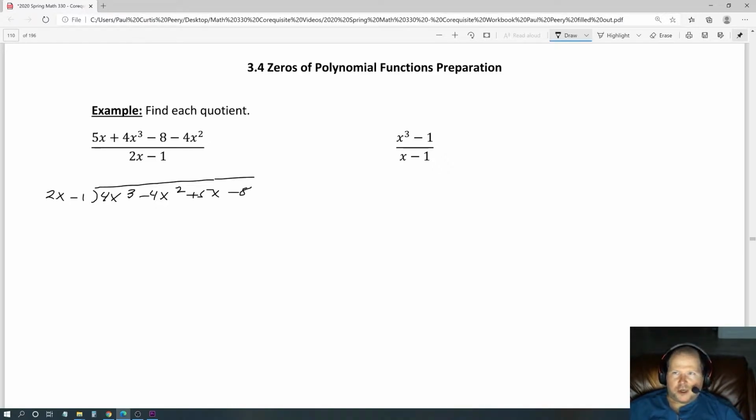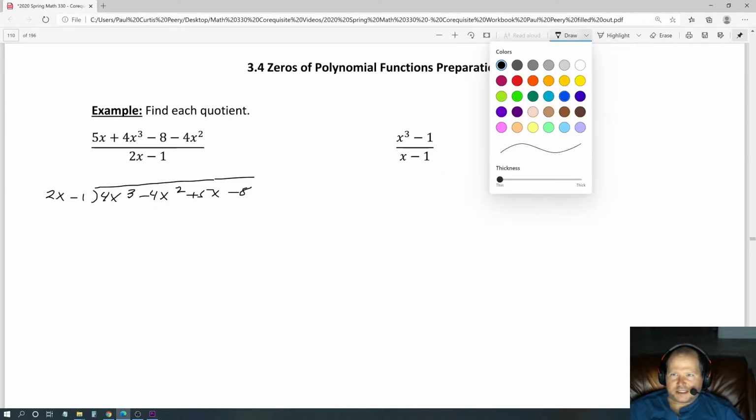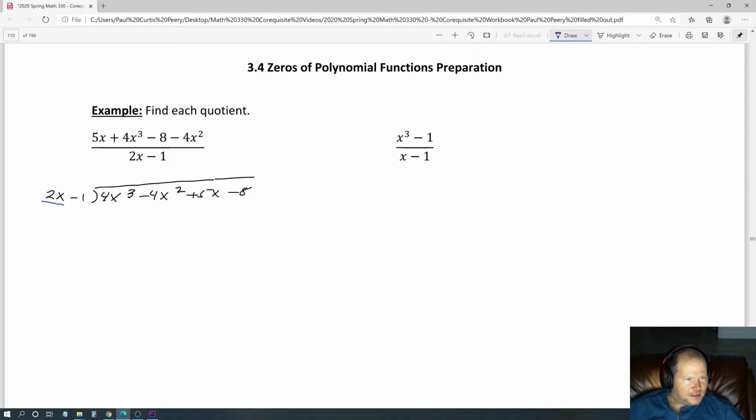Now I'm going to try to explain this step by step, but it gets a little complicated until you at least learn the pattern. We're going to take the first term, the 4x cubed, and divide it by the 2x. I'm going to do it over here: 4x cubed divided by 2x.